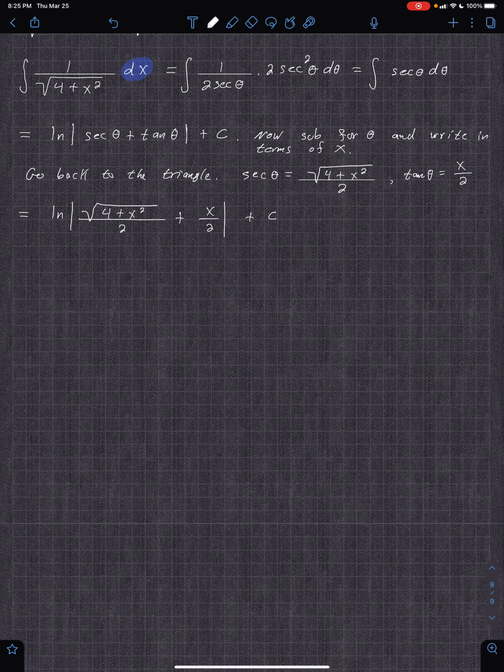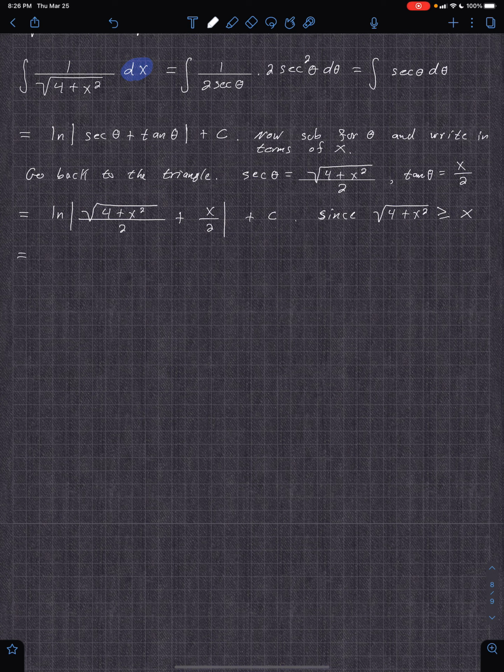Okay, so now a couple things we can do. I mean, that's pretty much it, although we can manipulate this a little bit. So let me show you this. Generally speaking, that's fine, but check this out. Since the square root of 4 plus x squared is always greater than or equal to x, we essentially can drop the absolute values.